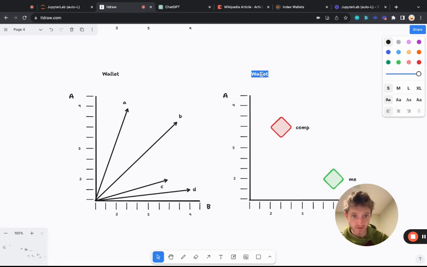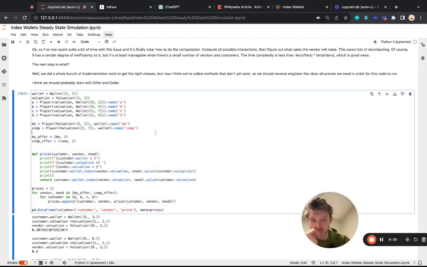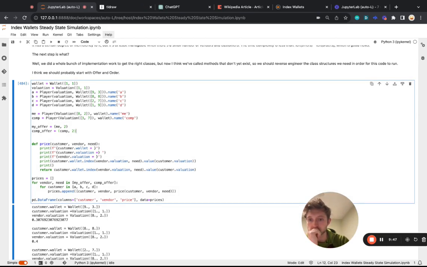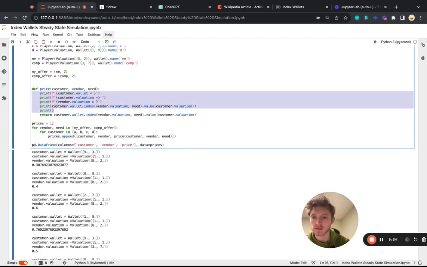I really wish it was left aligned by default. Okay, now what? Well, now we have our prices and whatnot, so I think we have discovered the issue.